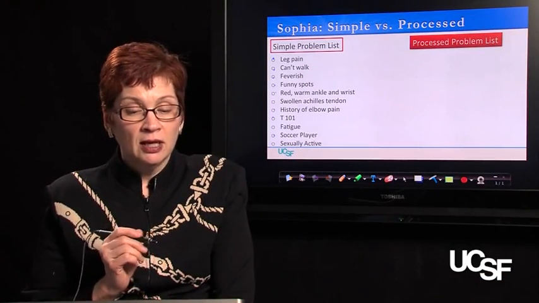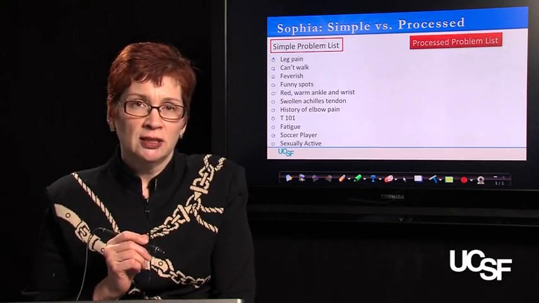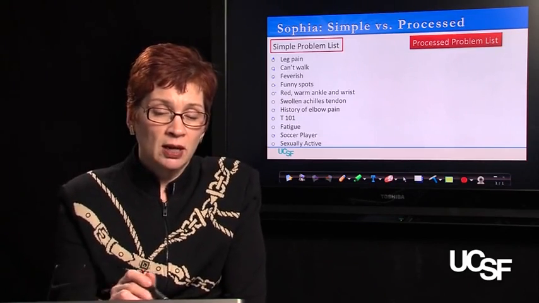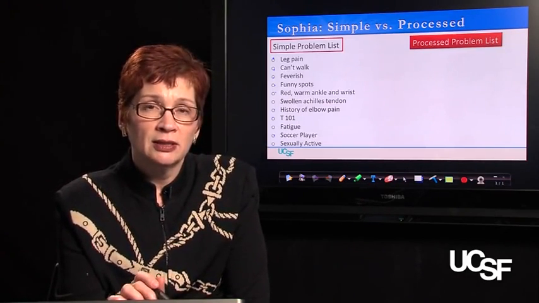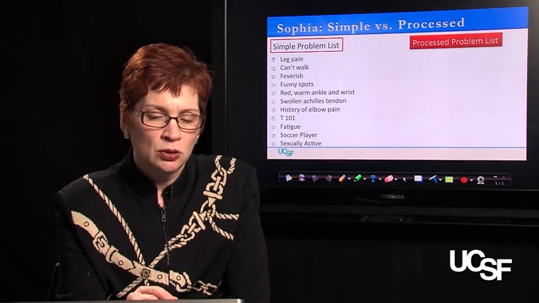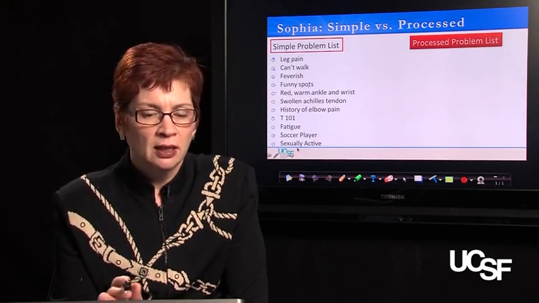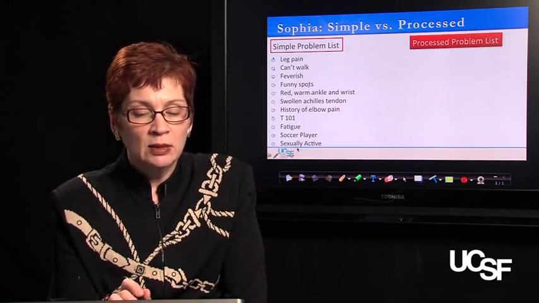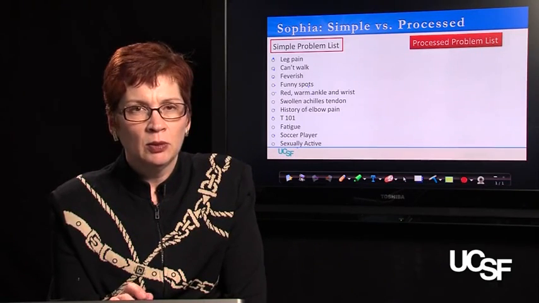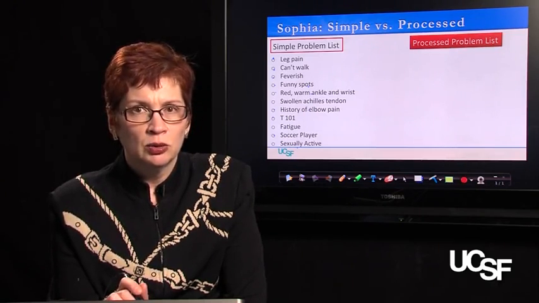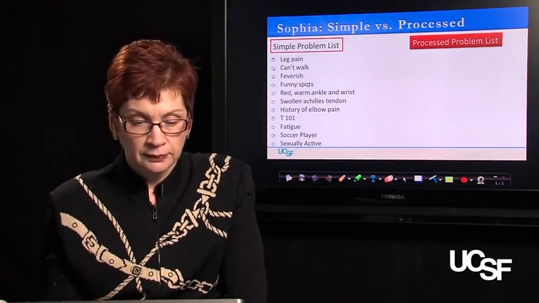In fact, I would argue nothing of this is processed. It's just a simple problem list. And we have gotten more than our 7 plus or minus 3, right? 1, 2, 3, 4, 5, 6, 7, 8, 9, 10, 11. Ooh, just barely. But let's see what we can do to make this a little bit more precise and sophisticated by processing the way in which we've learned to process.